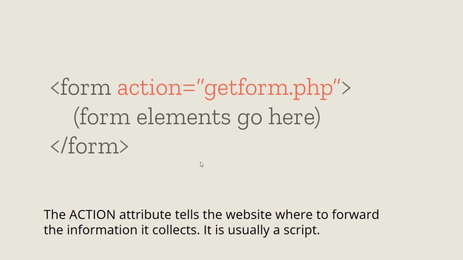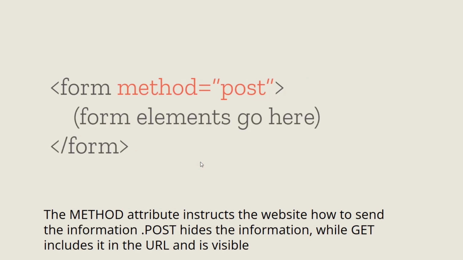Okay, there is another attribute called method. And there are two values: post and get. The post is the normal one you want to use when you are sending stuff over the internet. It will not show the variables in the header.